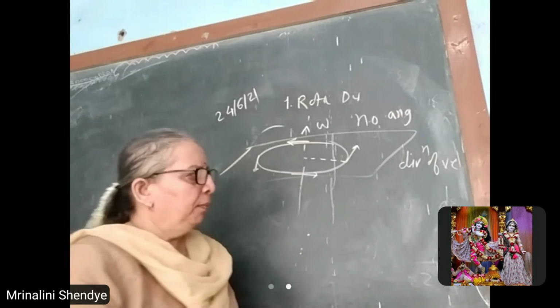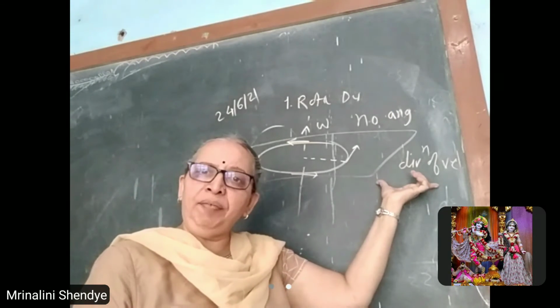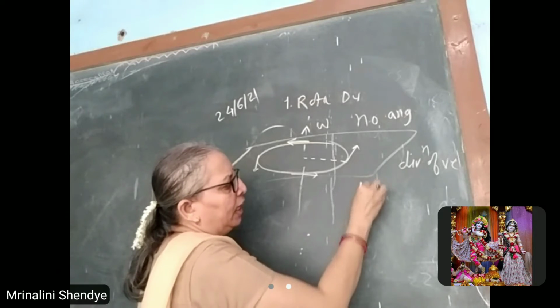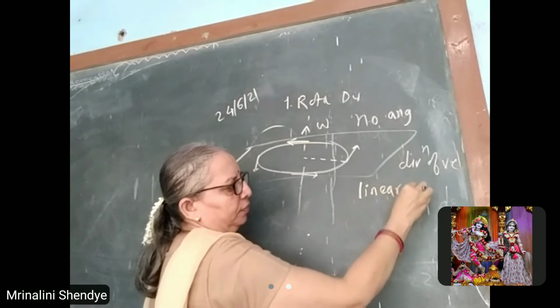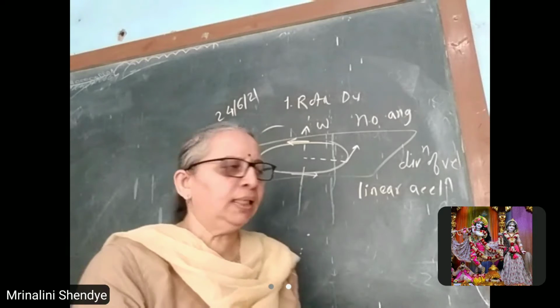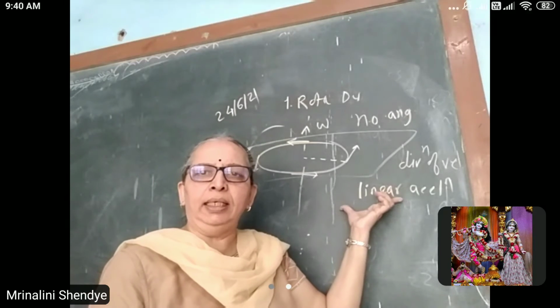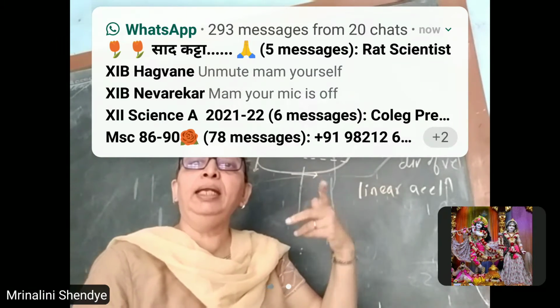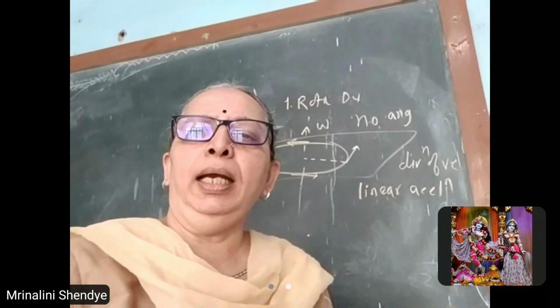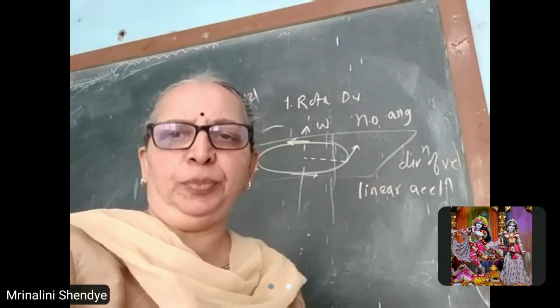But because the direction of linear velocity changes, you get linear acceleration. So in circular motion, linear acceleration is always present in any type. In every type, this is present.